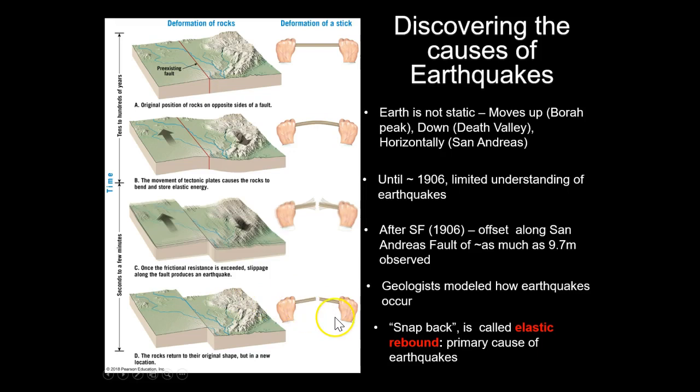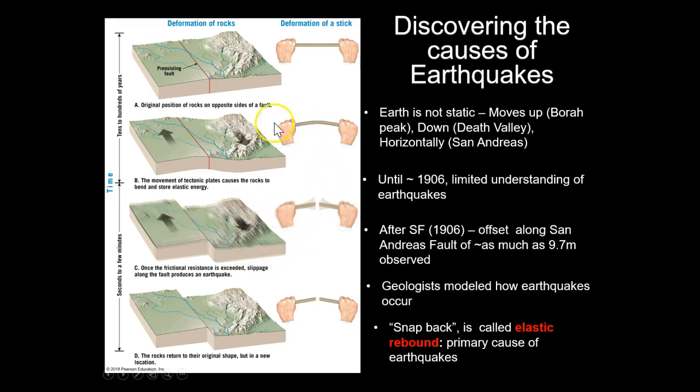This is the original shape on one side, and this is the original shape on the other side. This original shape is stress-free right after the moment of slippage, but the stress will start building up again soon after the slipping begins.